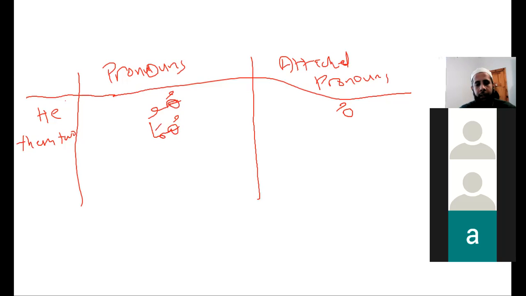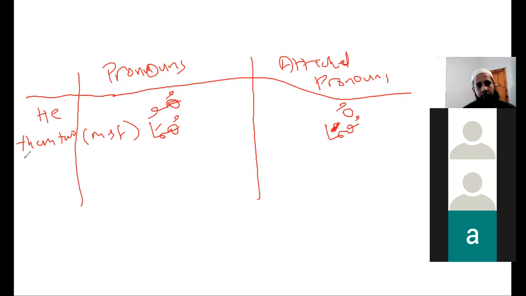So can you guys see my screen? Can you see the whiteboard I'm sharing? Yes, we can see. So huma is the same in attached pronouns. You would say kitabuhuma. It's the same as in the normal pronoun and then the attached pronoun. This is them two, masculine and feminine.